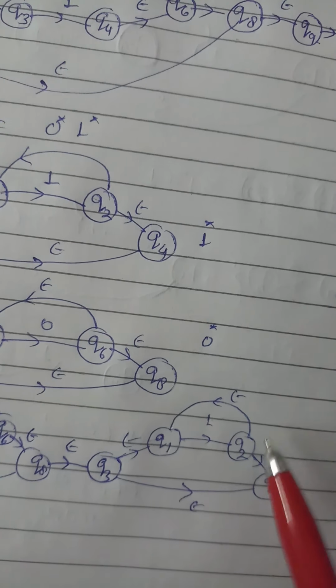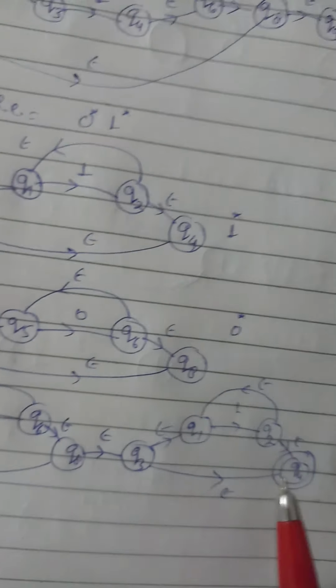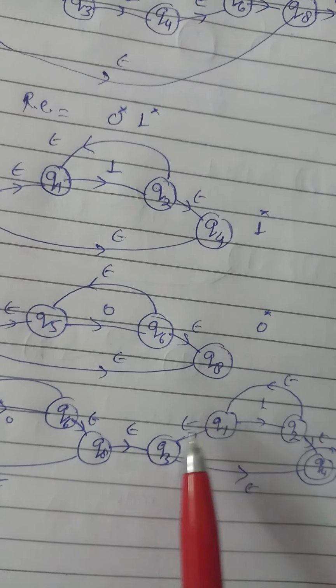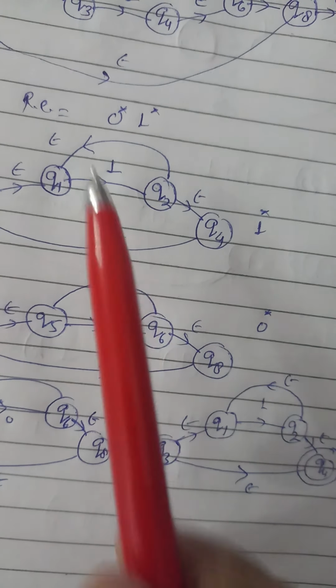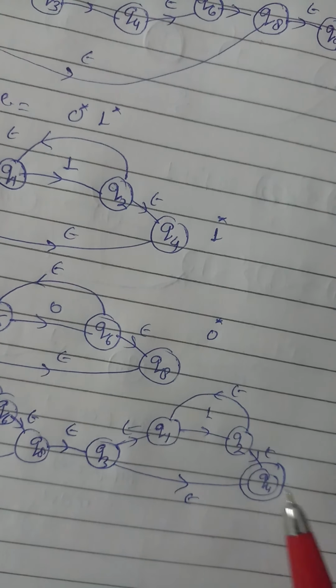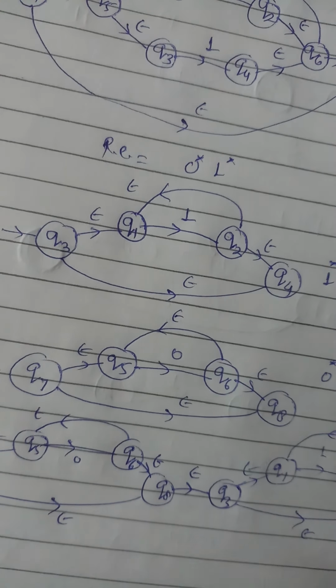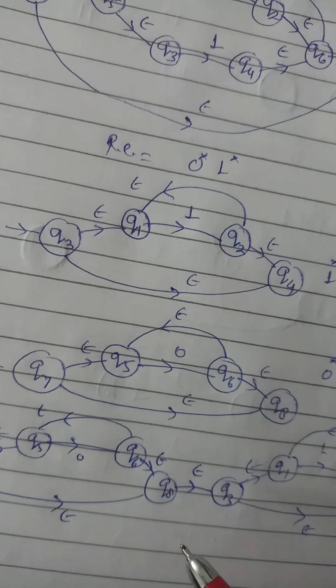So this will be our final state. Finally we get our NFA with epsilon moves from the RE, this is the final 0*1*. So this is the way by which we can convert any regular expression to an NFA with epsilon moves.